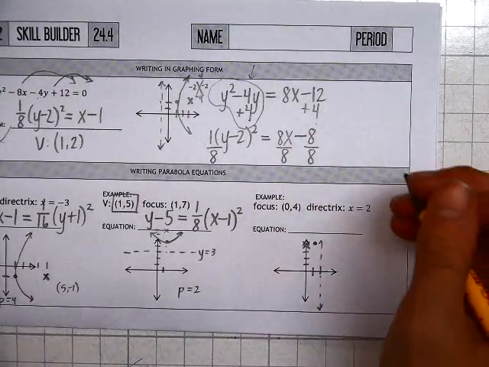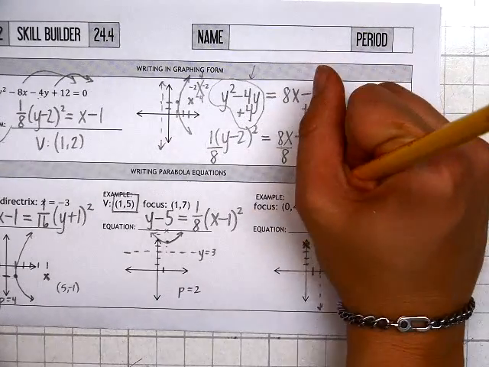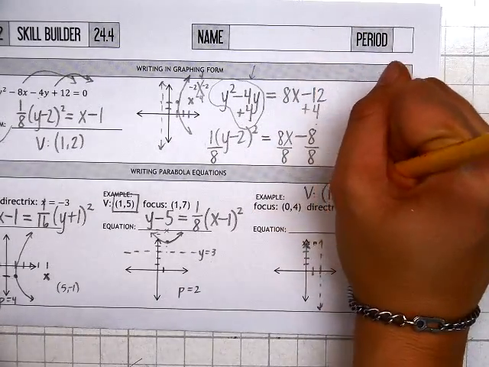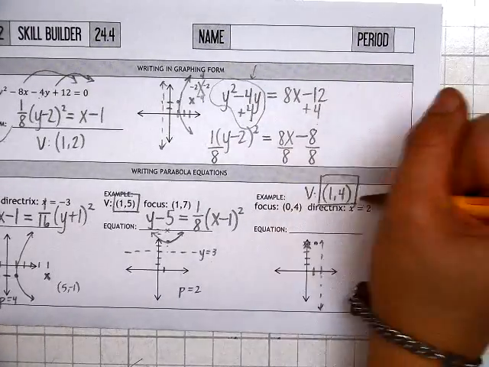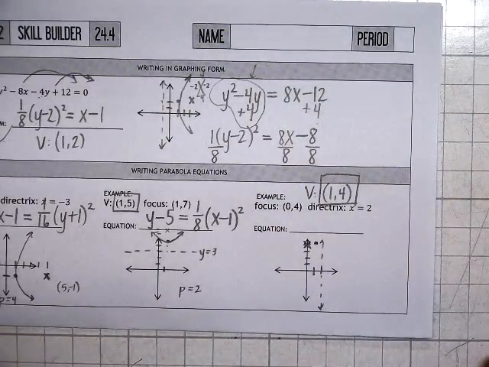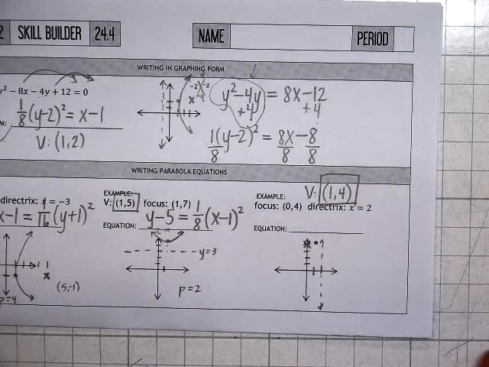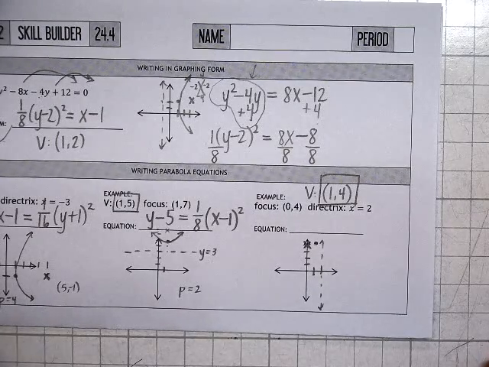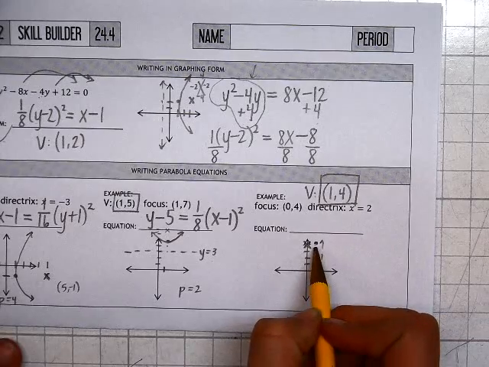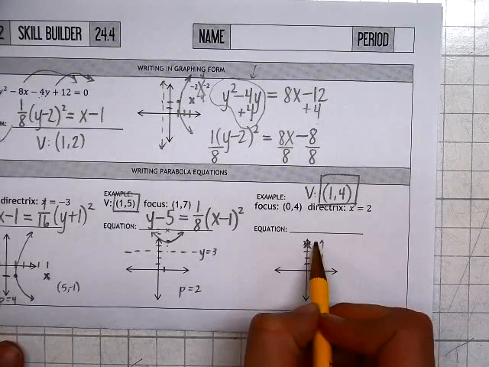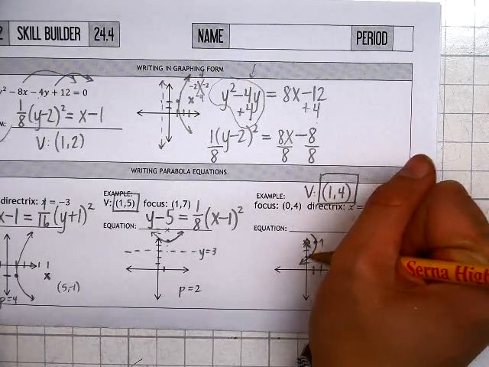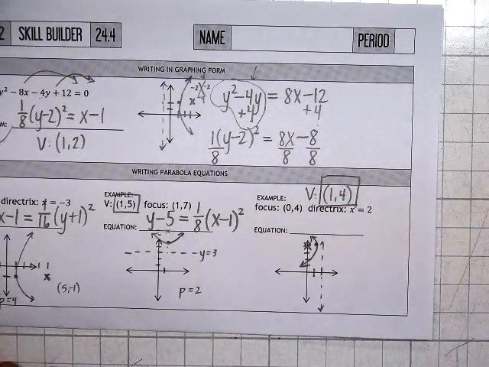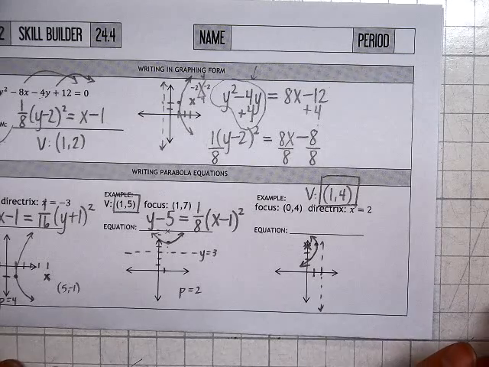Looking at the graph, we can tell that the coordinates of that vertex are at 1, 4, which would make sense. And that's actually the set of numbers that we need for our equation. The other numbers that we need for the equation are the ones that help us with our fraction, the 4p thing. So since we can tell that the distance here is 1 to get to the focus, and since we can tell that it's facing to the left, since that focus is leftwards, we know that's going to be a negative a value.